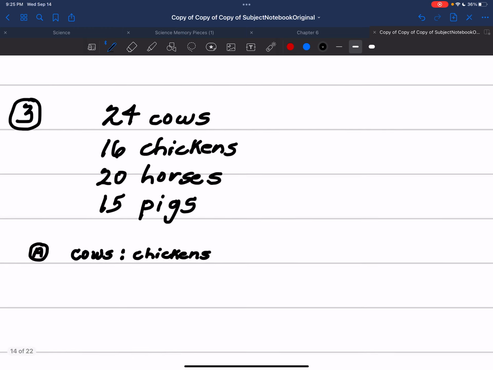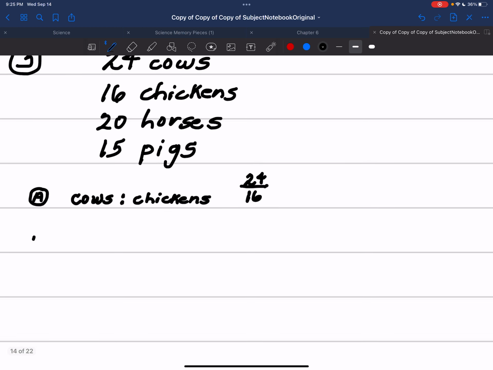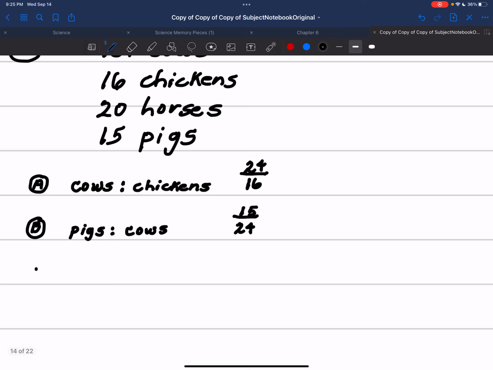So that's going to be 24 cows to 16 chickens. B has us comparing pigs to cows. So there are 15 pigs to 24 cows. C has us comparing chickens to horses.